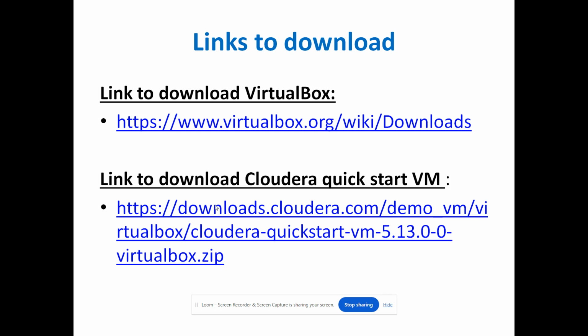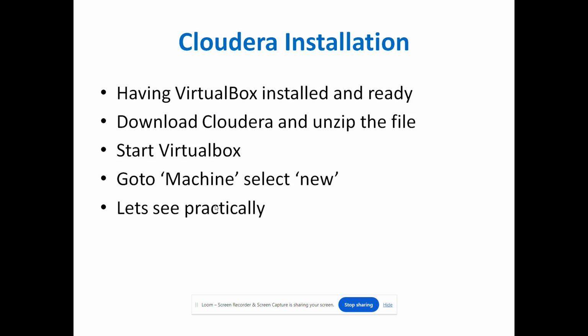Download the Cloudera software using this link shown on the screen. Once you download Cloudera from the internet, it will be provided as a zip file, and we have to unzip or extract this file, and then we'll get the result which can be installed.